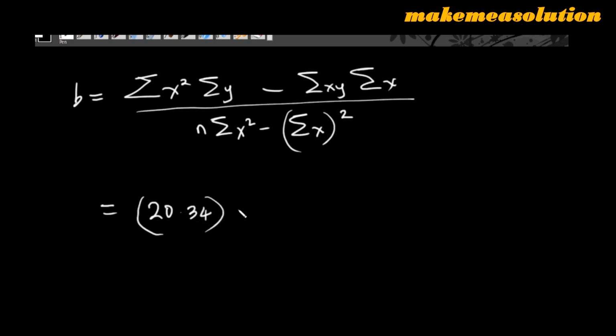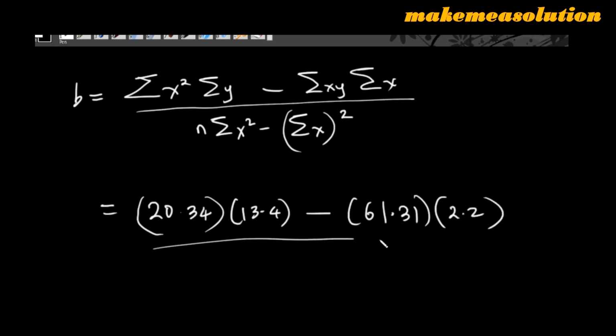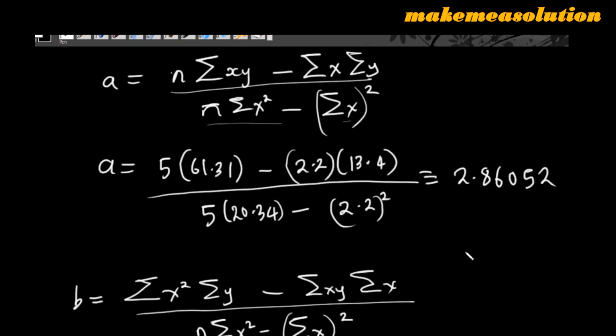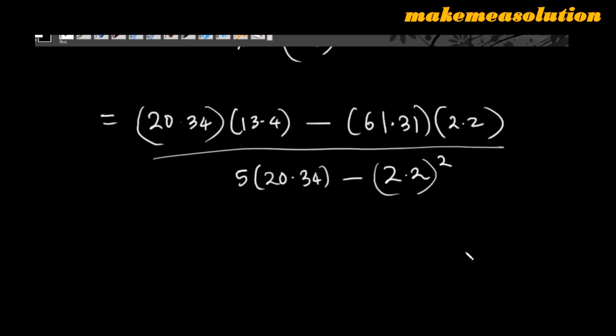Then your summation y is 13.4, minus your summation xy, the heaviest, which is 61.31, times summation x, which is 2.2, divided by the same denominator, 5 times 20.34 minus 2.2 all squared. We are just going to compute this with our calculator.